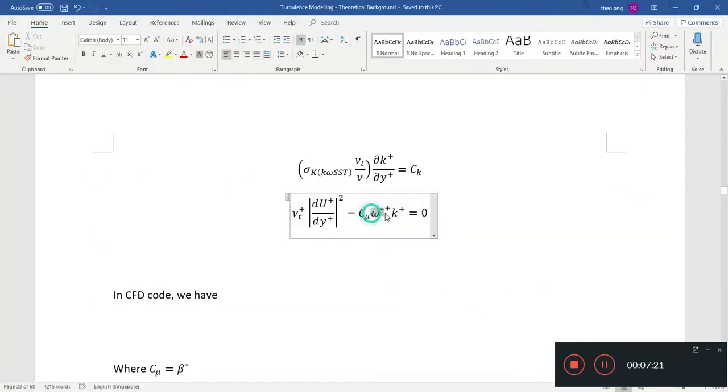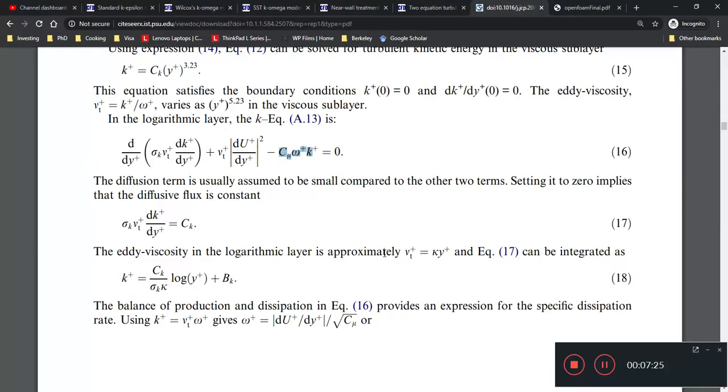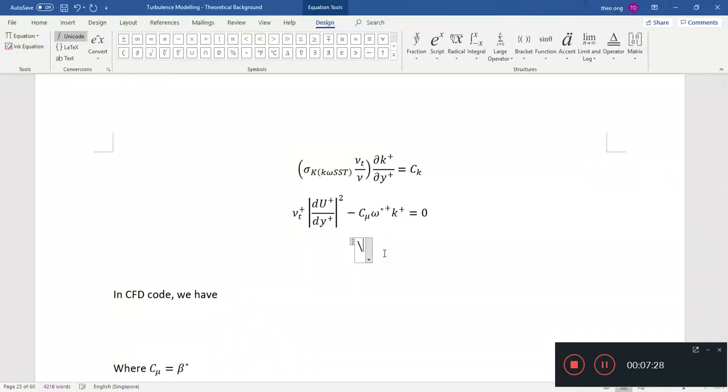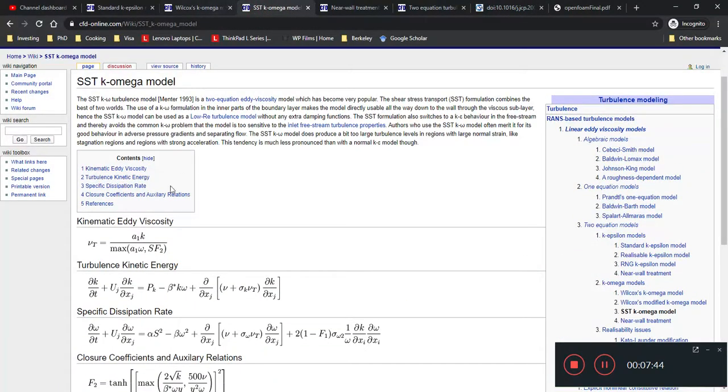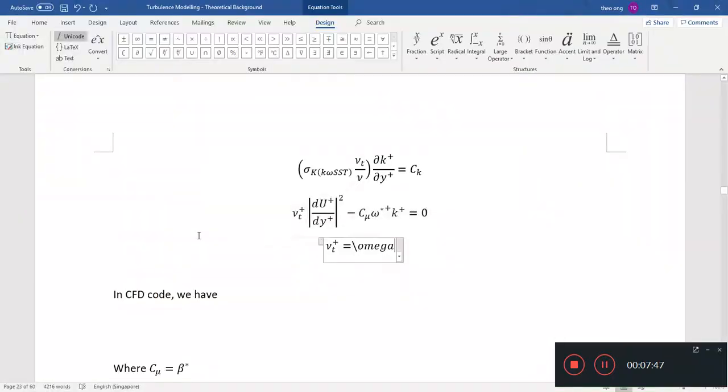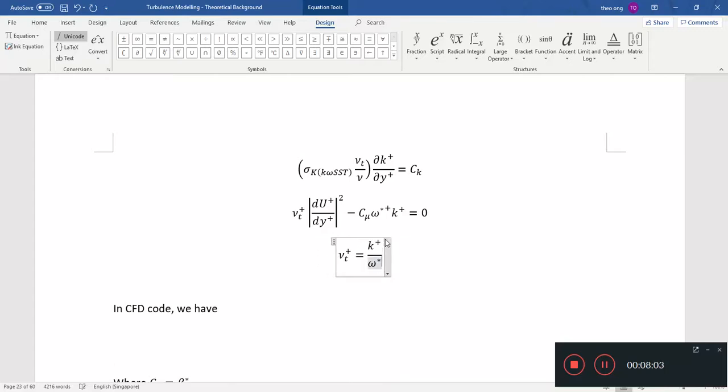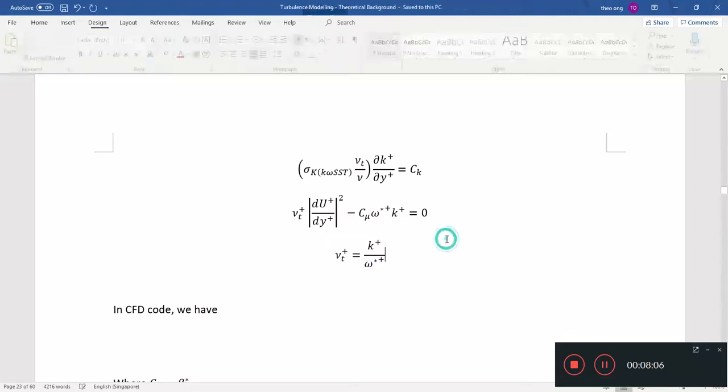This one is the omega star version, so we can use this equation: nu t plus equals k plus divided by omega star plus.